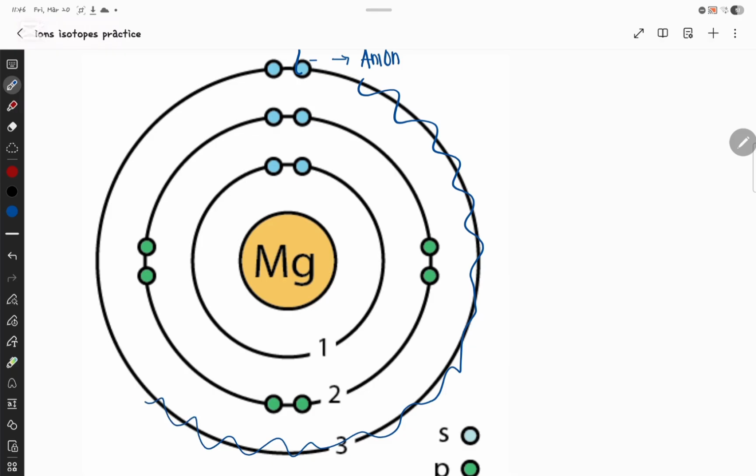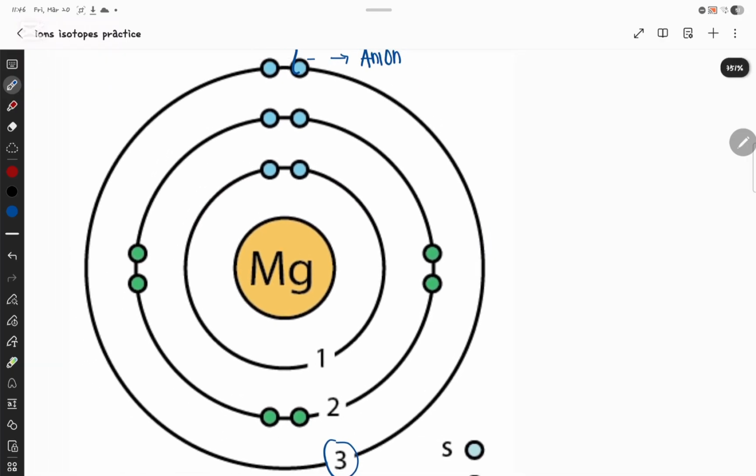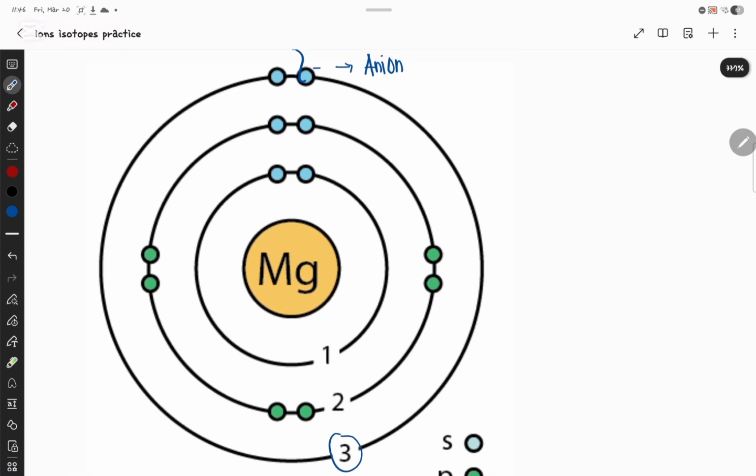In this case, we have magnesium. Our valence shell is going to be valence shell number 3, this one. Based on this, the atom will choose its most favorable way to gain an octet, or a full shell.